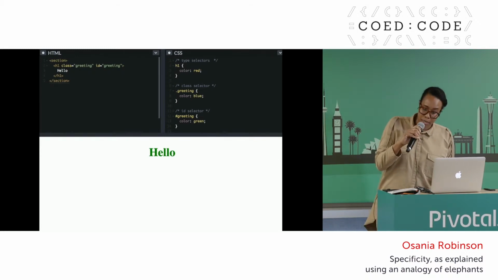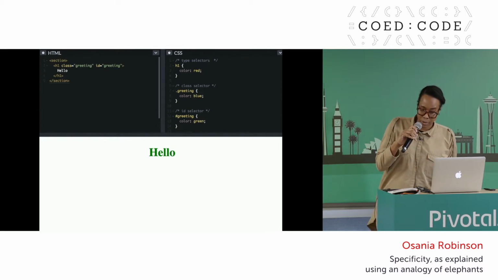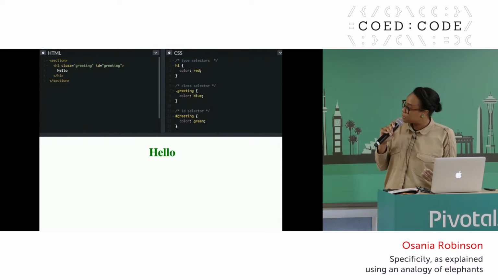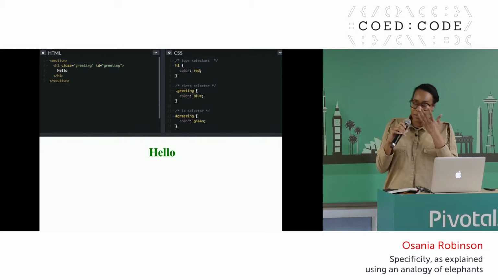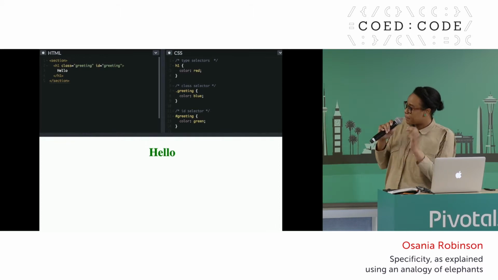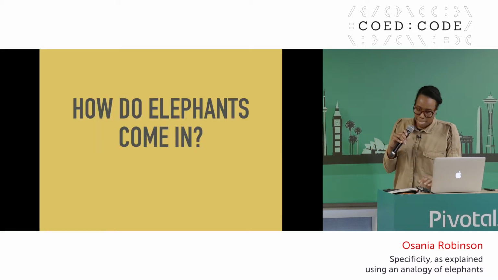So the H1 was red, the class is blue, and the ID is green. And because the ID has the highest level of specificity, it is the thing that takes precedence. So the text that you're seeing is green because the ID has the highest level of specificity.